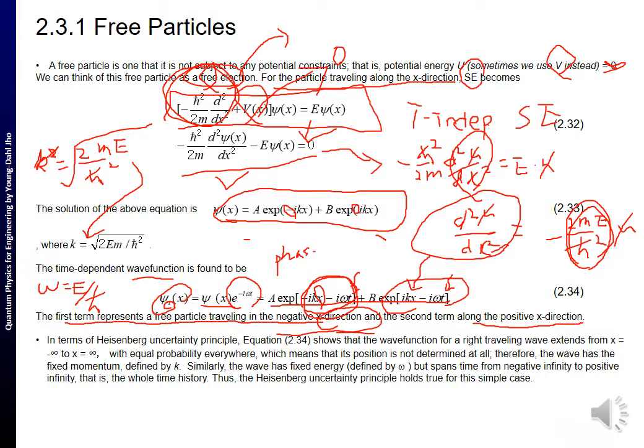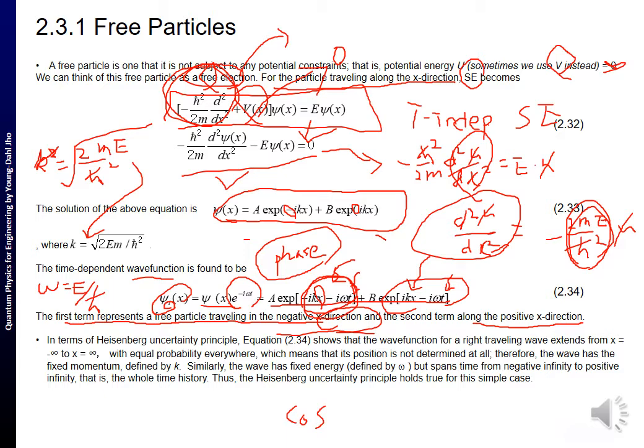Quantum mechanics considers this phase to be very crucial. In conventional mathematical formulation, we call this the exponent, and in quantum mechanics we call it phase.